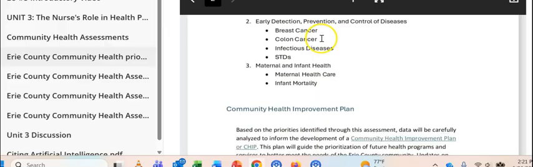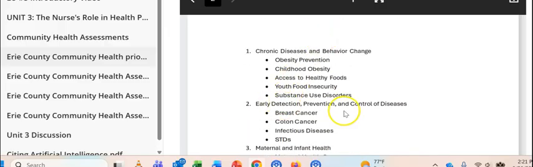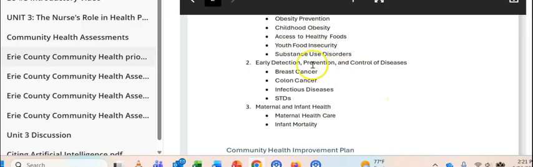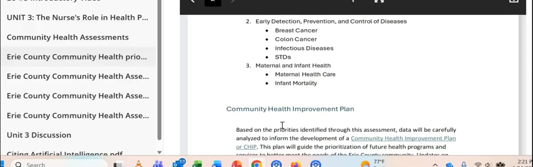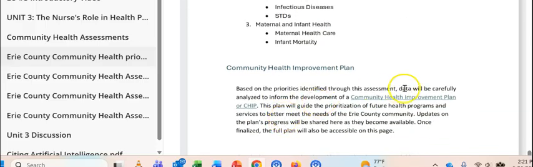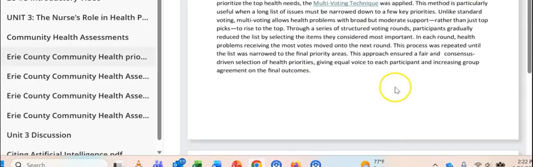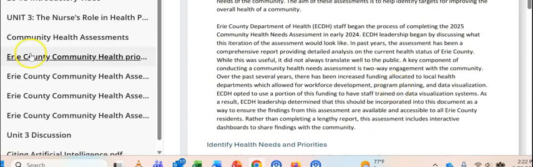So you can look at that. Early detection, prevention, and control of these specific diseases, and then issues regarding maternal and infant health. Based on the assessment data, they are in the process of working on the plan. It's not yet available. So please reread that. I went over it very quickly, but I'd like you to read that.